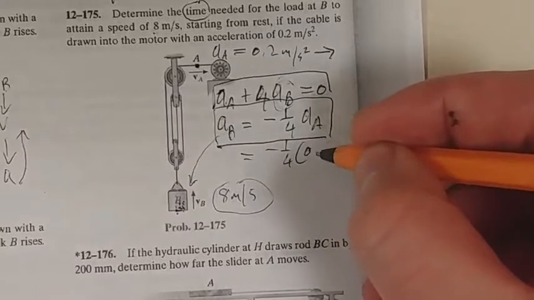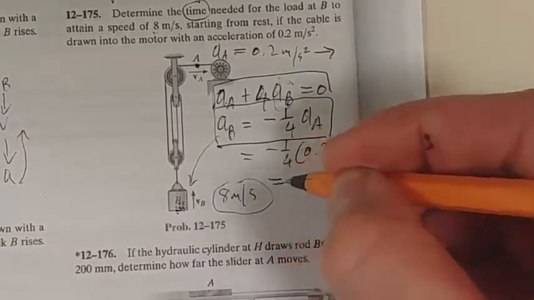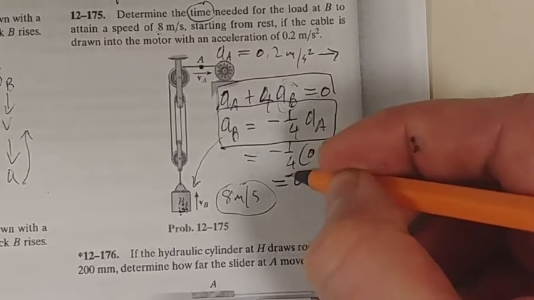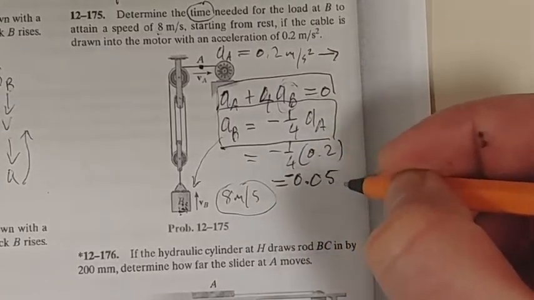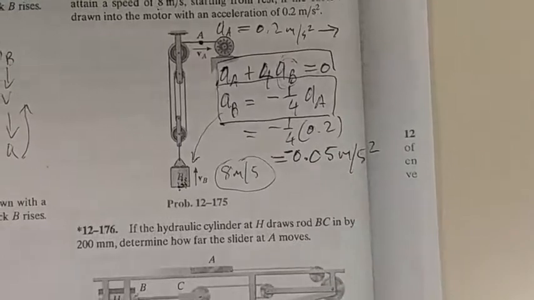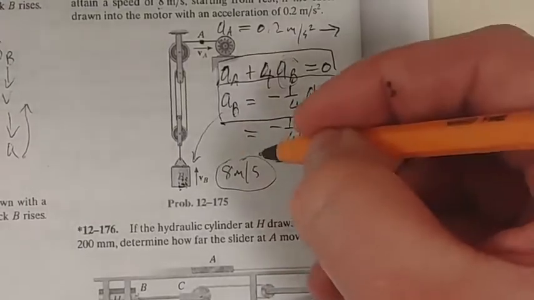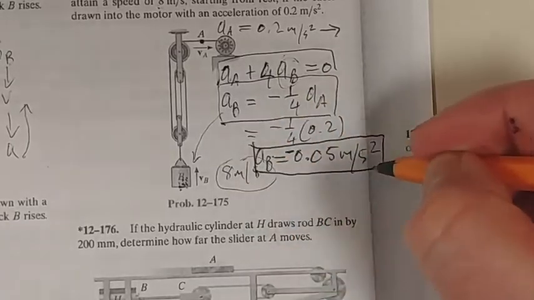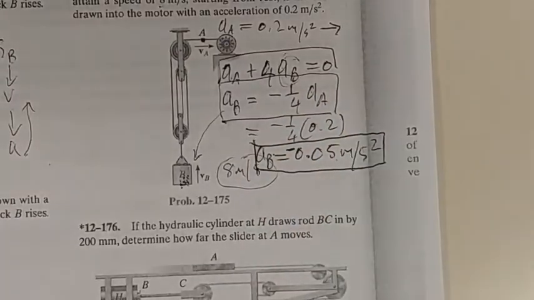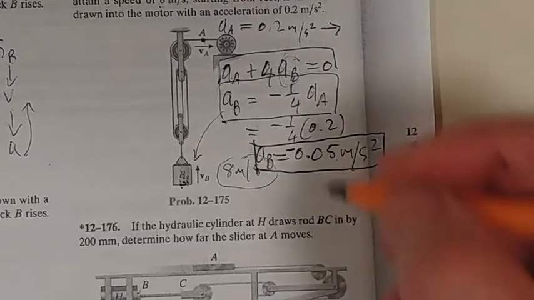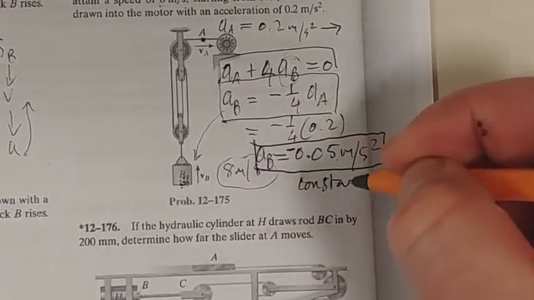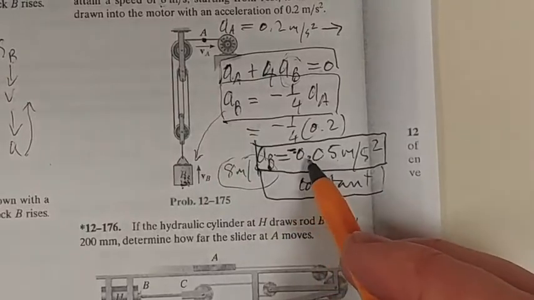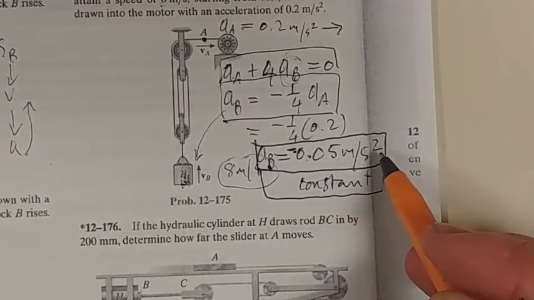It's 0.2, and so acceleration of B is minus 0.05 meters per second squared. Okay, so that is the acceleration of block B. What do you notice about it? It is constant.